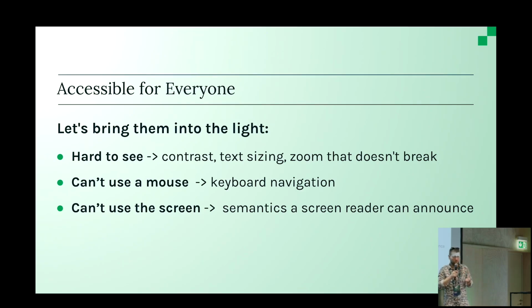And we are also counting to bring in those who cannot use the screen at all, who can only focus on the narration of voice and screen readers. So we are providing the semantics for the components so that they are properly announced. And this last point, it's better to hear that. So let's take a look at an example.